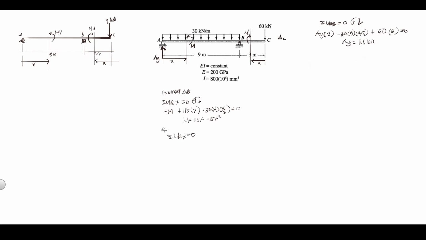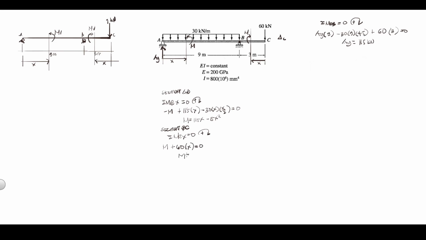Then for segment BC, summation moment at X is equal to 0, positive clockwise. So, we have M plus 60 times X is equal to 0.